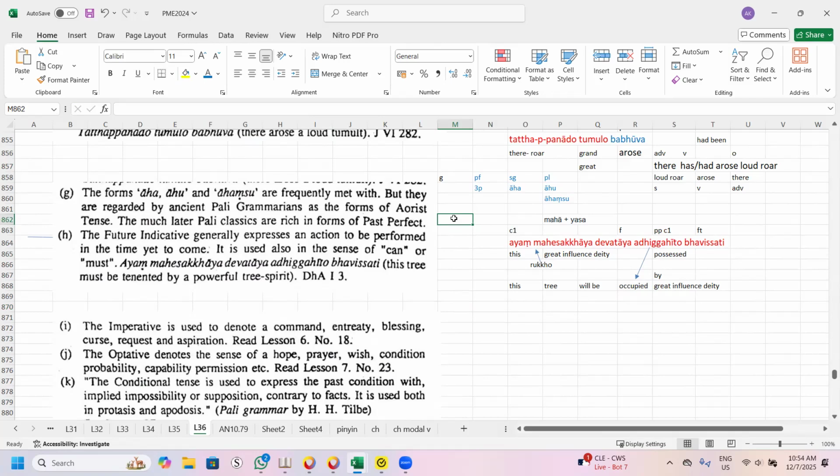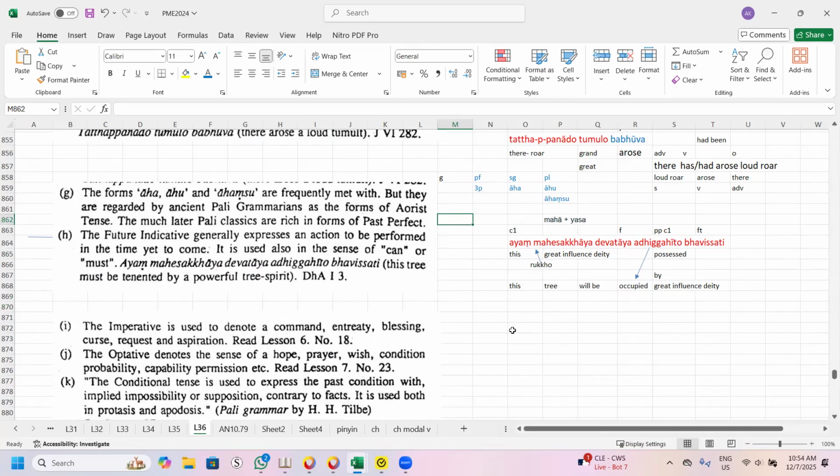The later texts use a lot of perfect tense, but in the Sutta, no. The perfect tense is used a lot in Sanskrit, and the Aorist can almost not be found in Sanskrit. So you don't have to worry about that.